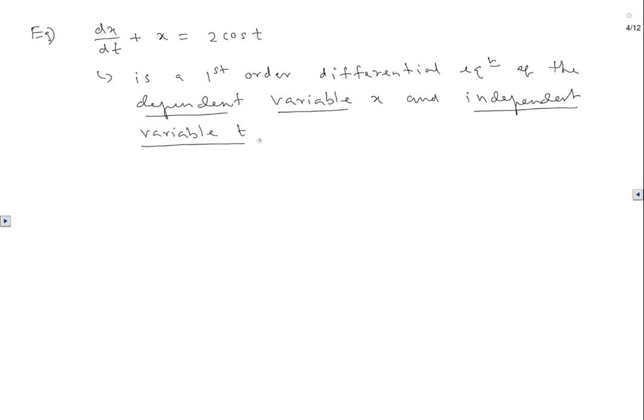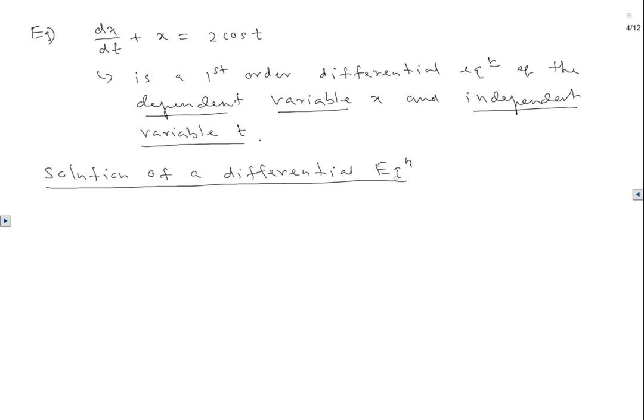Okay, so those are the basics of differential equations. So let's talk about some solutions. What we mean by a solution. So the solution of a differential equation.